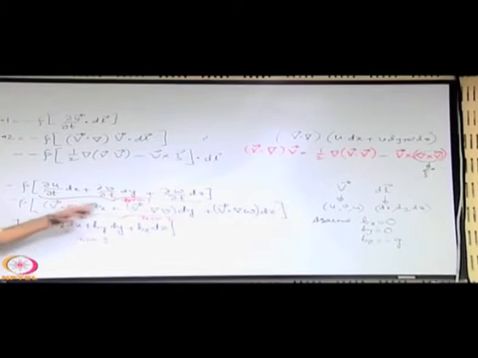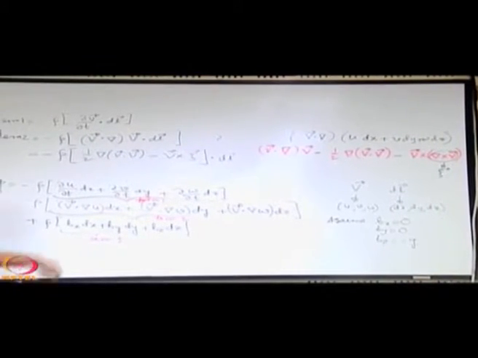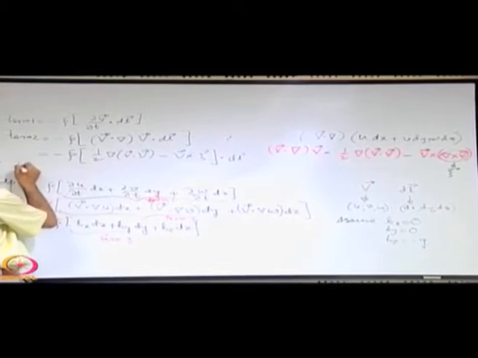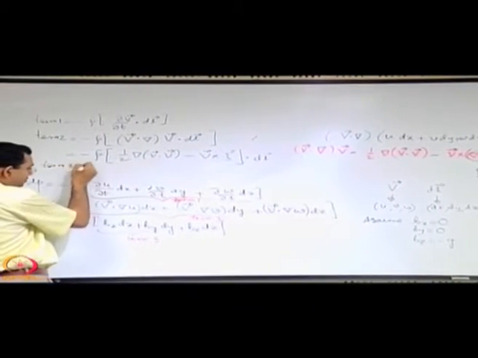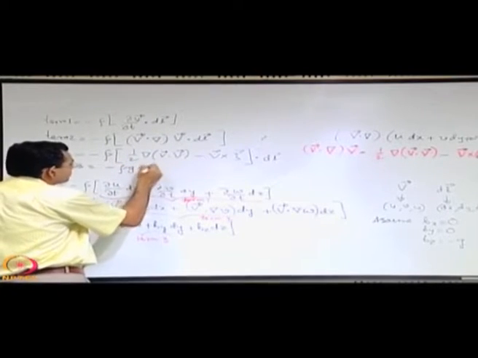But if there are other components of body force, you know how to simplify, you can just put the corresponding components here. So, then term 3 will just become minus rho g dz.